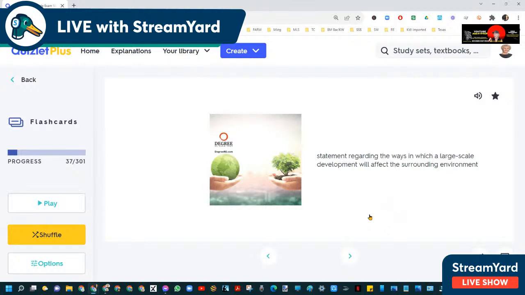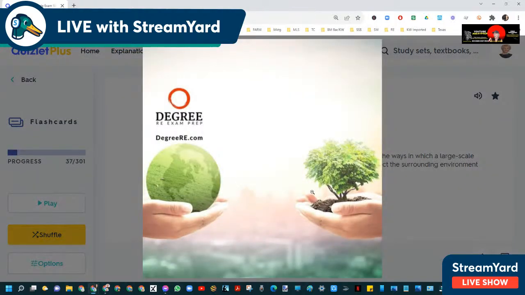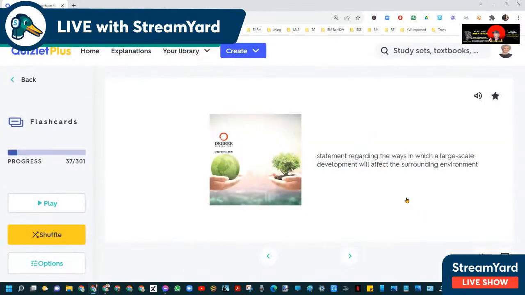For anybody who just came in, we are doing vocabulary. A statement regarding the ways in which a large-scale development will affect the surrounding environment. How can a large development affect the environment? So how will expanding or creating a big development affect it?